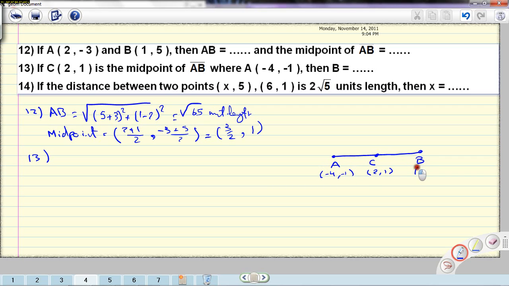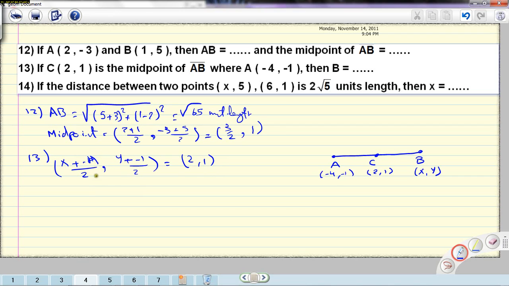I want to get B, so I'm going to write B as X and Y, and use the rule. To get the ordered pair of C, I'm going to add A plus B divided by 2. So X plus negative 4 over 2, comma, Y plus negative 1 over 2. The answer of these is the midpoint 2 and 1.